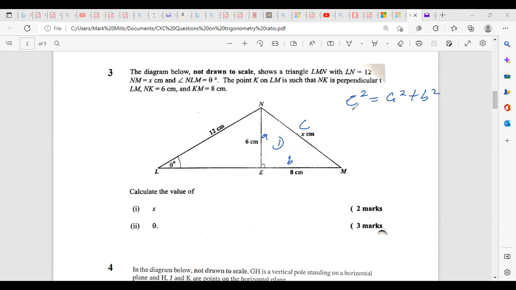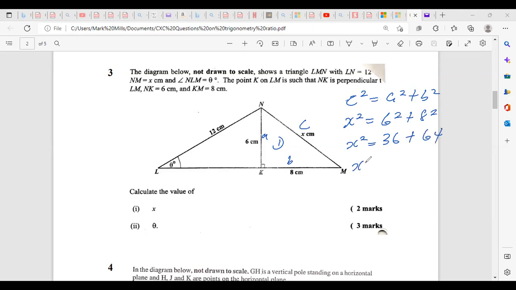So what's my C value here? X square. And what's my A value? 6 square, plus what? 8 square. So X square equals 6 squared, which gives me 36, plus 8 squared, 64.